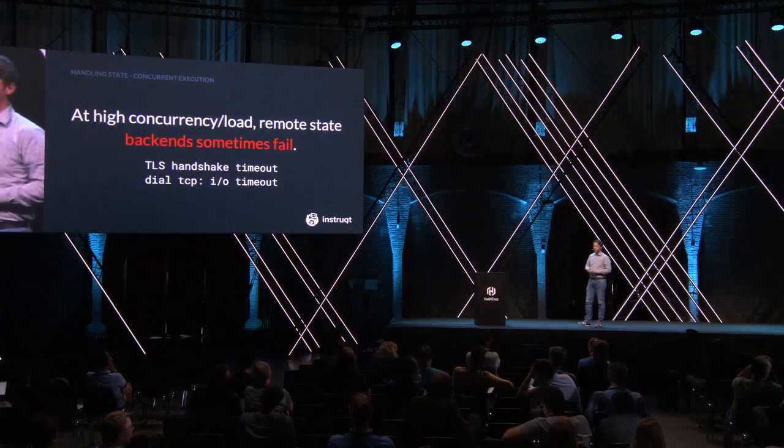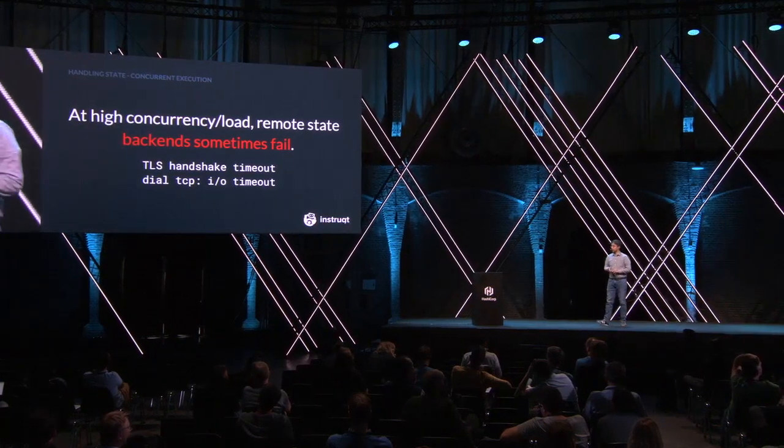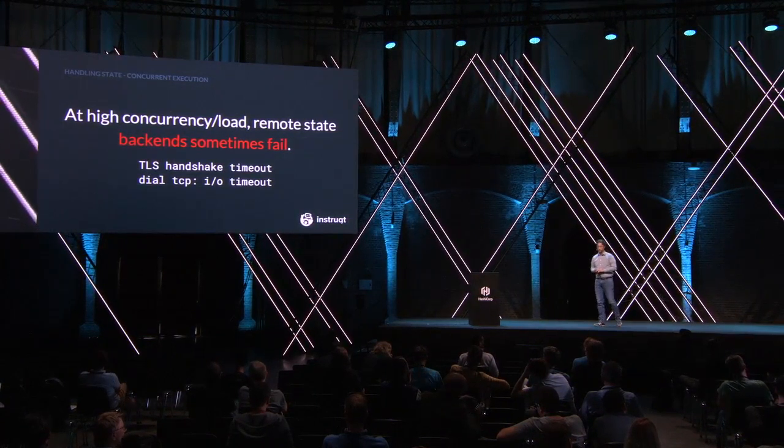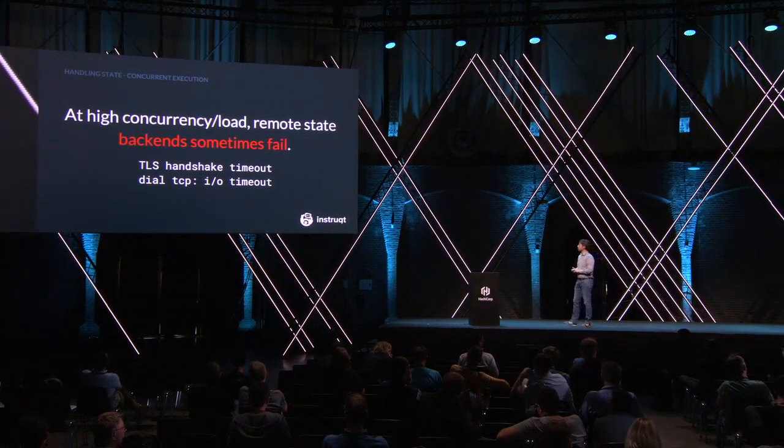Another interesting problem we ran into is that at high concurrency or high load, sometimes these remote state backends fail, which is really interesting, but also quite annoying. We get vague error messages like TLS handshake timeout, IO timeouts.